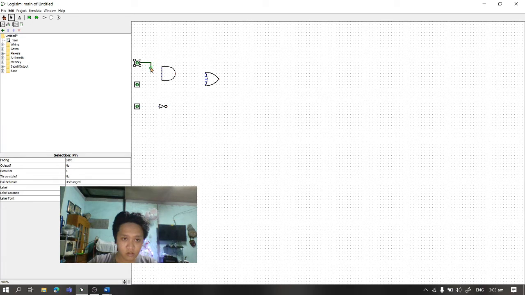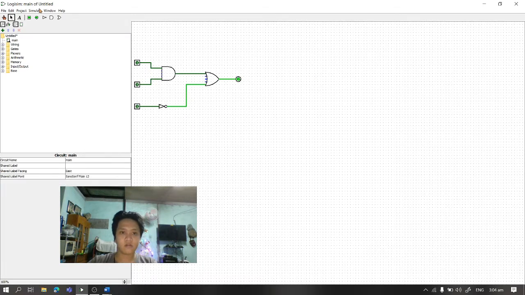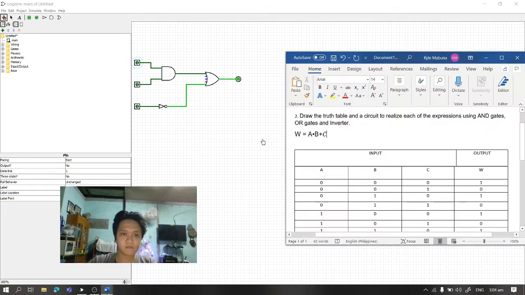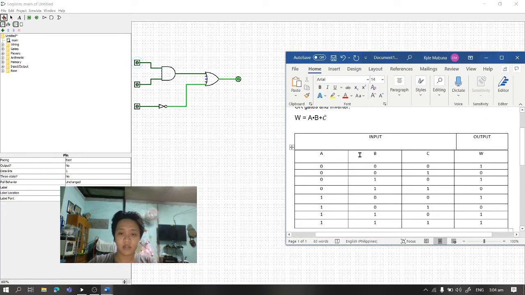Connect, then the output. For the truth table, if the inputs A, B and C are 0 0 0, then the output is 1.